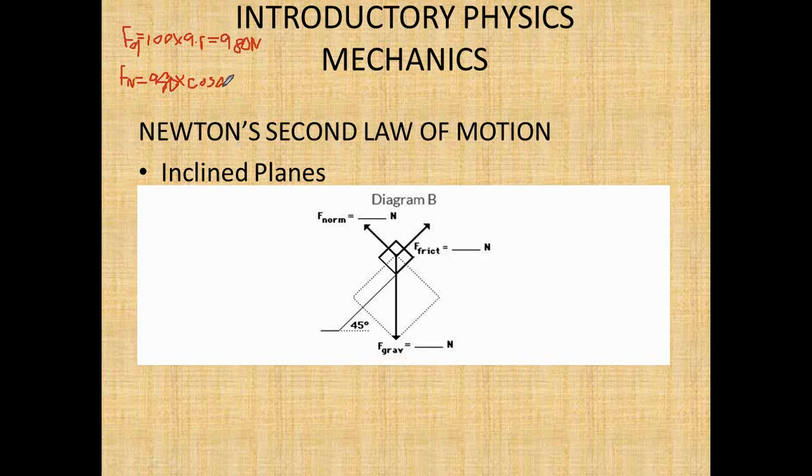So the cosine of 45 is 0.71. So this comes out to be 693. So the normal force is 693 newtons. All right, so that's the normal force.